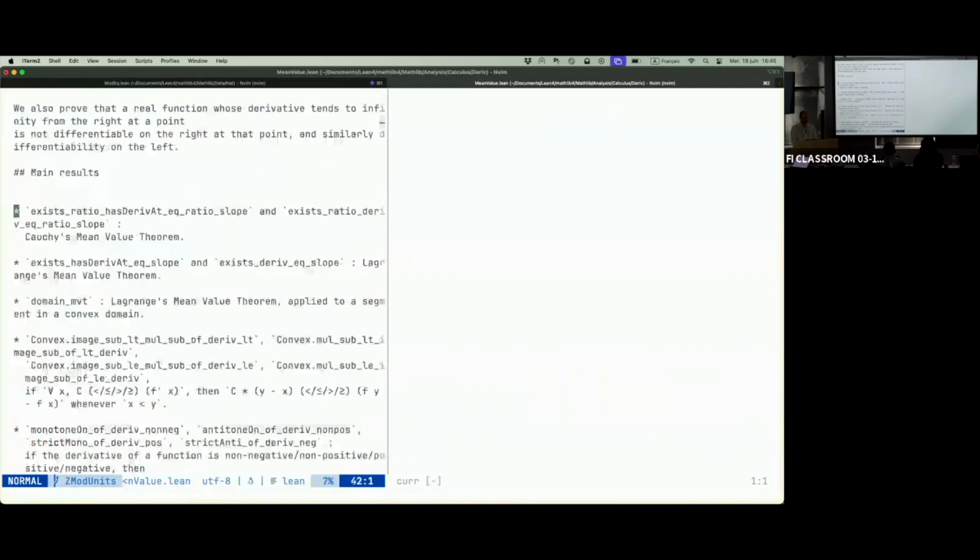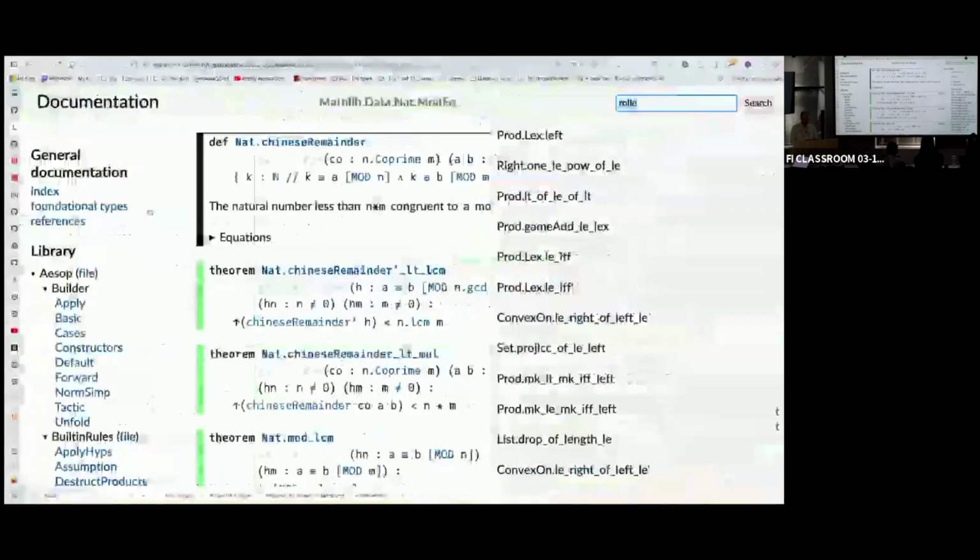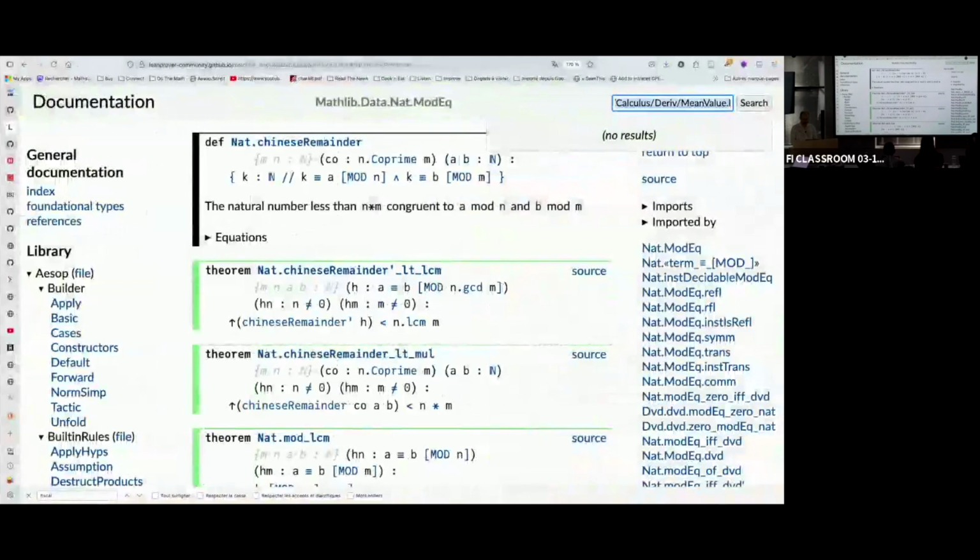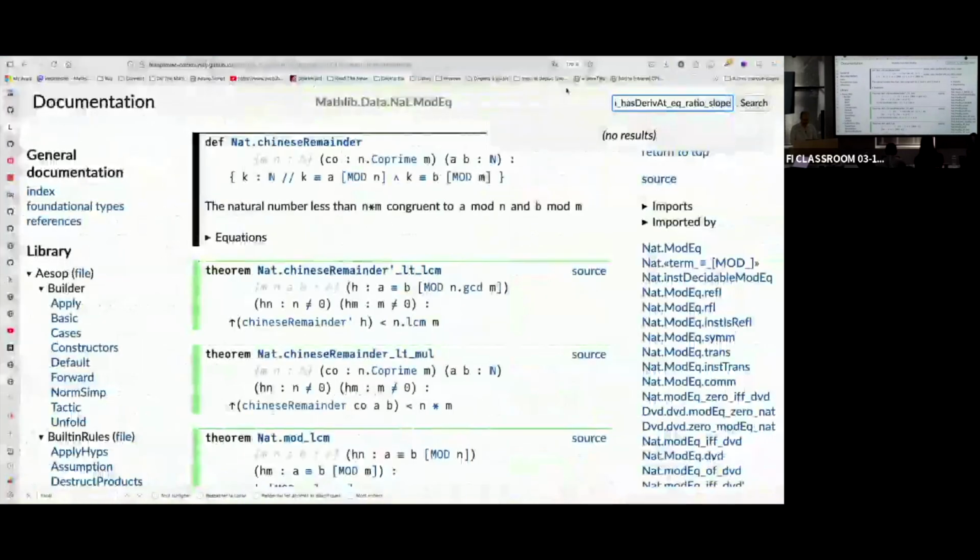So in the documentation you have the important functions which are defined in the file, which are explained at the beginning, and this reflects in the documentation. So I take this stuff, exists ratio something, and I copy it over there because I did not copy it correctly.